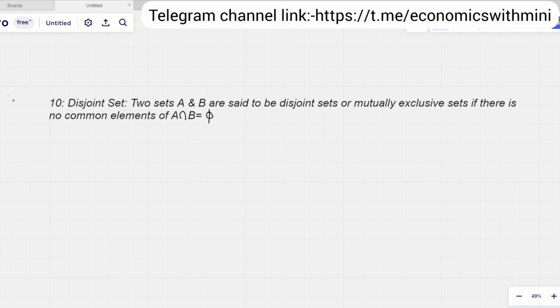Disjoint set. Two sets A and B are said to be disjoint sets or mutually exclusive sets if there is no common element, which means that A intersection B is null. It simply means that neither set A nor set B has common elements. Okay?